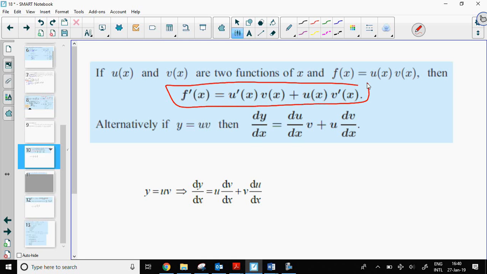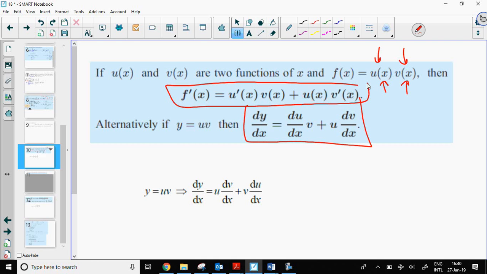f prime is equal to u prime v plus u v prime. That's the derivative of the first function times the second function plus the first function times the derivative of the second function. And we see we have the exact same thing written down here, just with d's.